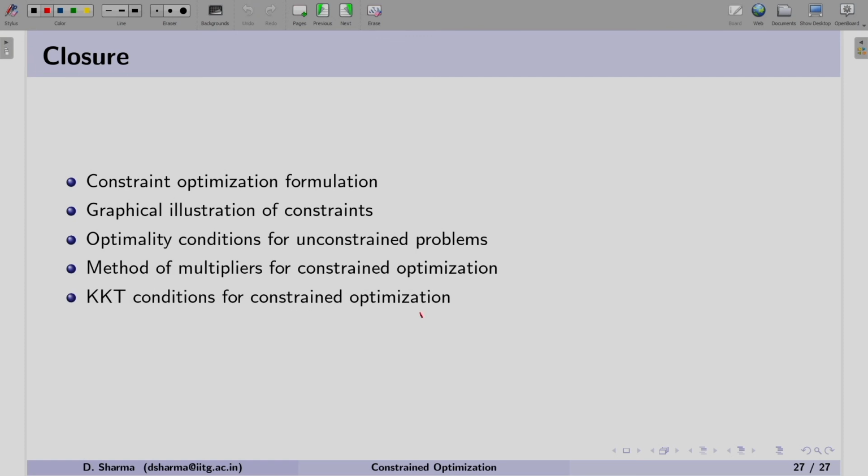Thereafter, we went through the KKT conditions for constrained optimization, and at the last we discussed convexity, since it will help to find out whether a function is convex or not. With this background of the optimality conditions on constrained and unconstrained problems, I conclude this session.